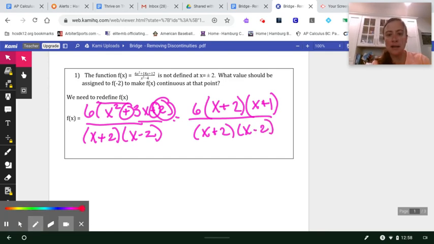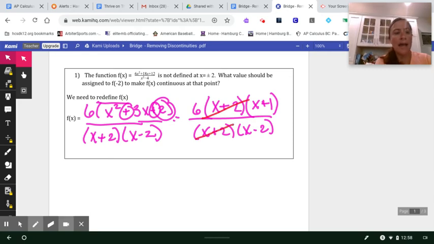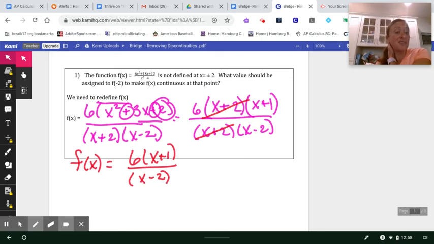I can divide these x plus 2's out. They are identical. And I'm going to redefine this function f of x as 6 times x plus 1 all over x minus 2. Now, the only catch is I still want to make a note that x cannot equal 2 in this case, because of plus and minus 2, since that was the original problem there. It is not defined at plus and minus 2.